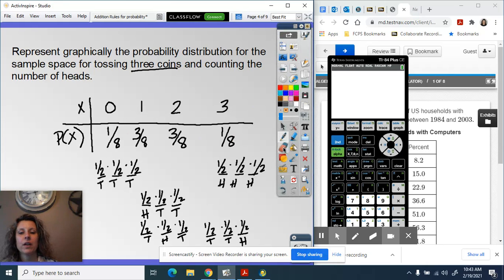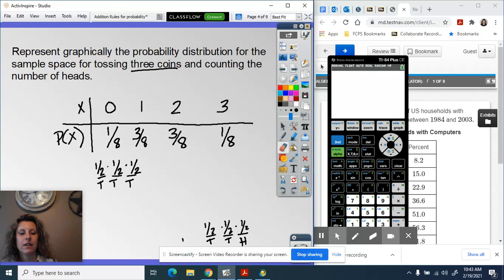Let me get rid of that work, because this one also asks us to graph it. So I'm going to fit the graph on this bottom half here. For this one, we're not going to get a constant distribution like we did for rolling a die.